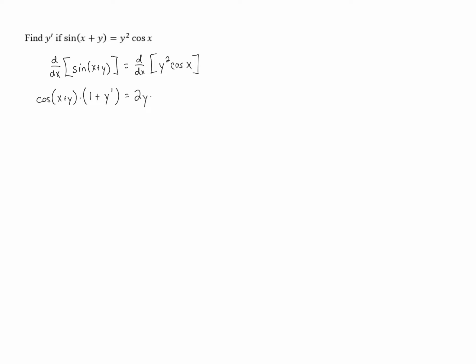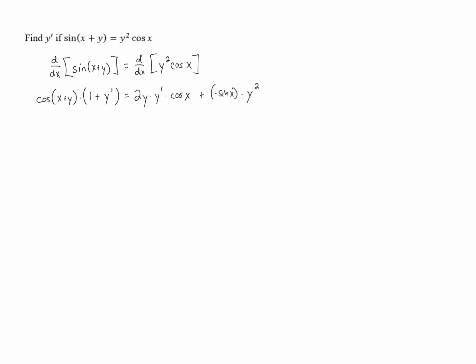So using the chain rule, we have to multiply by the derivative of y, which is y prime. So that's the derivative of the first factor times the second, cosine of x, plus the derivative of the second. The derivative of cosine of x is negative sine of x, times the first, which is y squared.